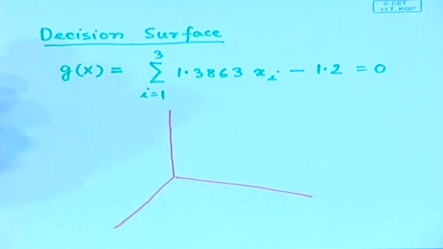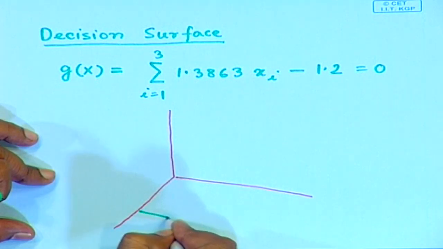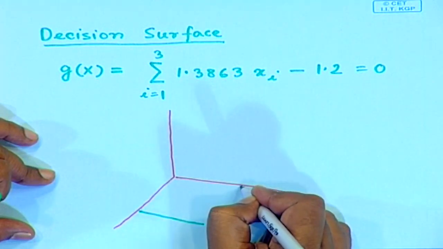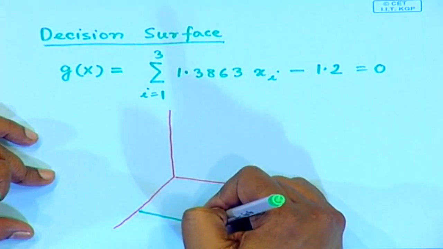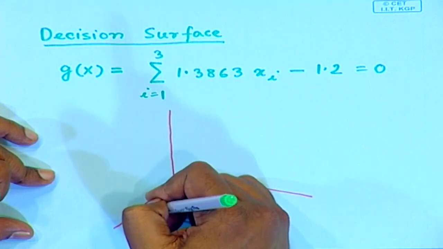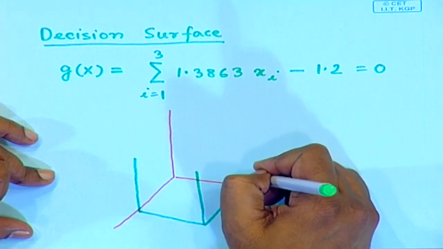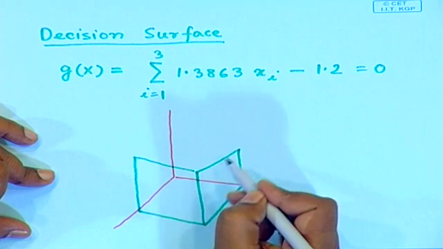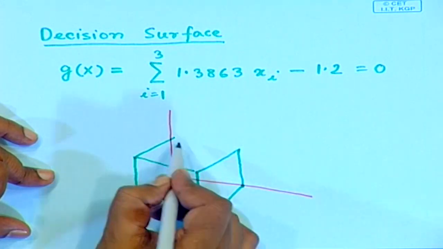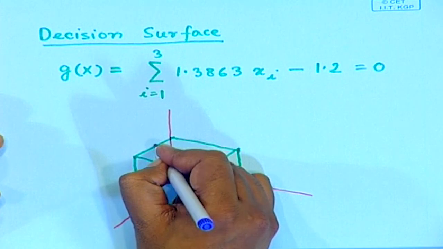So let us take a cube in this 3-dimensional space. And if you plot it, the surface will come out to be something like this.